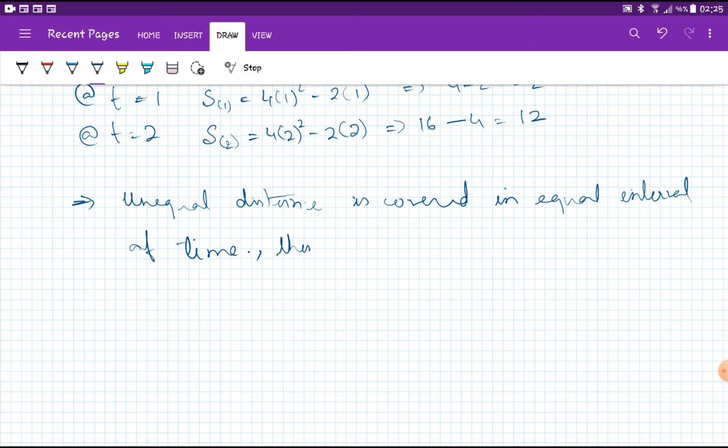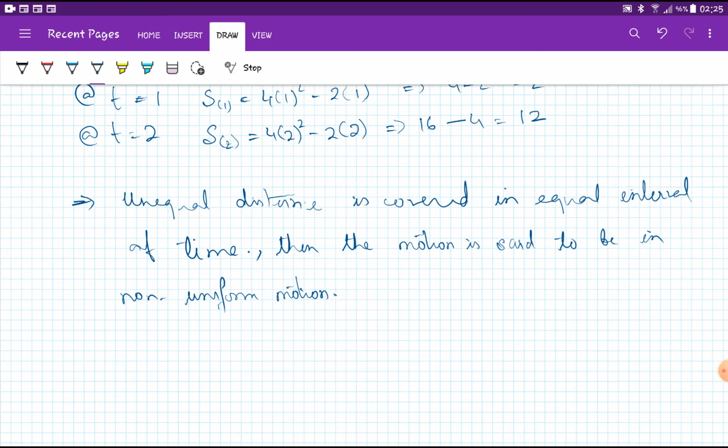Then the motion is said to be non-uniform motion.